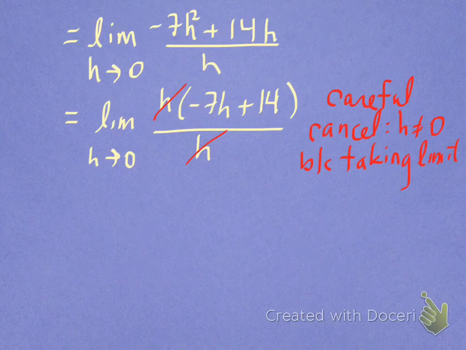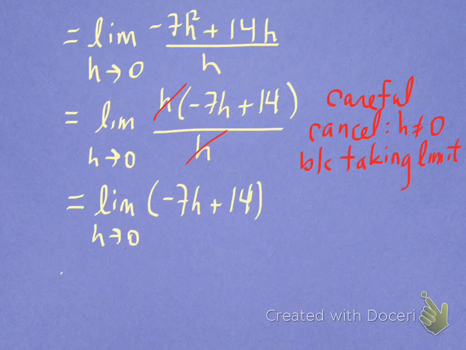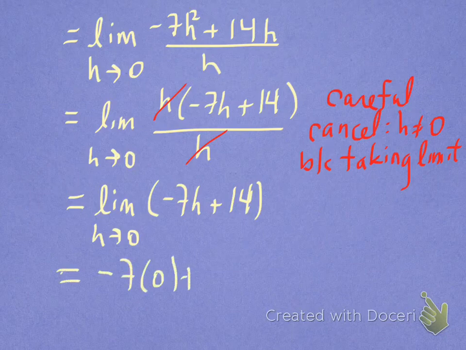So h gets small, but it's never 0, so that canceling is valid. And then I'm left with the limit as h goes to 0 of negative 7h plus 14. Now, substituting in h equals 0 is a valid move for calculating this limit, and so I will do just that. So I get negative 7 times 0 plus 14, which equals 14.